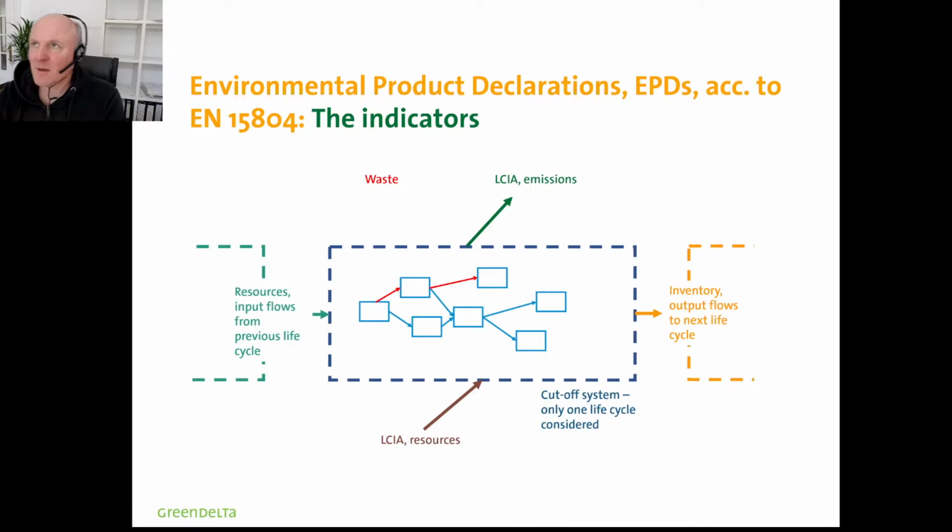This is material output flows, but also energy that is provided to a next life cycle. And then we have the LCA indicators, resources and emissions, so this is more common, like abiotic resource depletion and CO2 equivalents for climate change, for example.